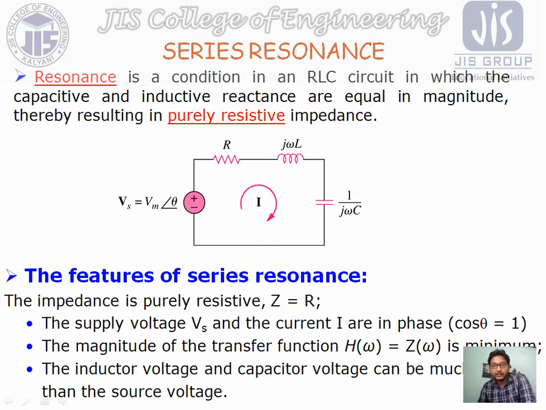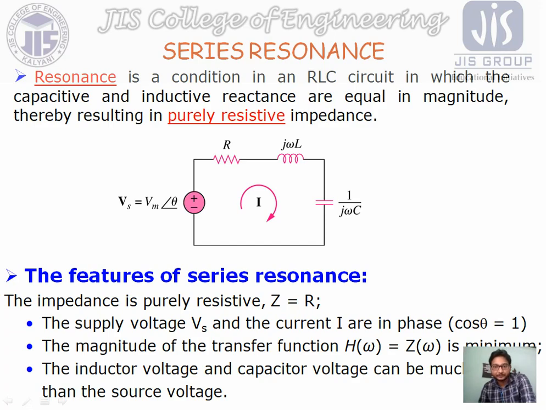And when resonance occurs, as the inductor nullifies the effect of the capacitor, or vice versa, the circuit will have only the effect of the resistor. And we know if a circuit has only the effect of resistors, the circuit will be a purely resistive circuit. And for a purely resistive circuit, the power factor is always unity.